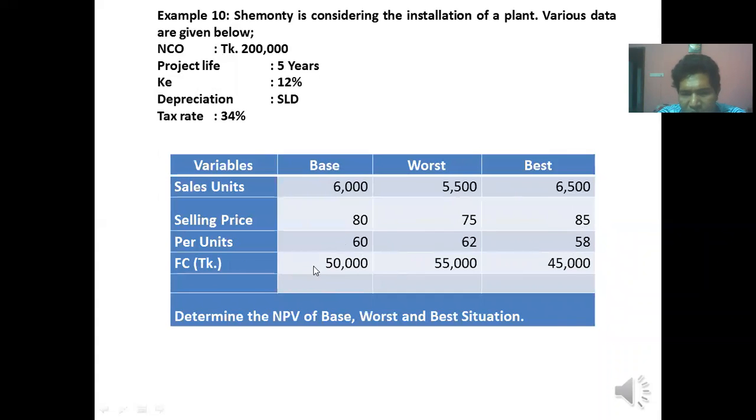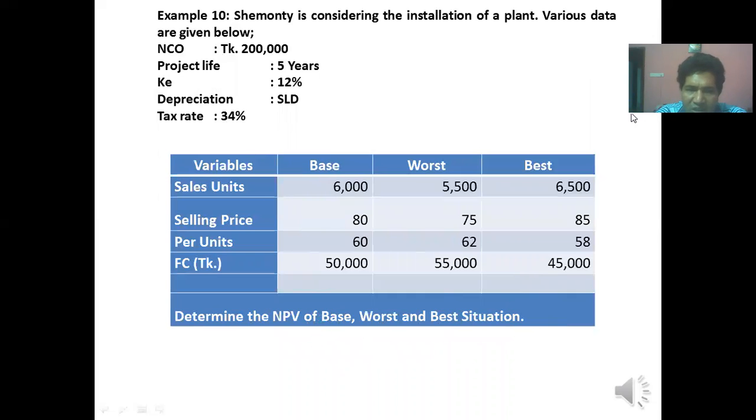Fixed cost for the base condition taka 50,000, worst condition taka 55,000, and in the best condition 45,000. Now we have to determine the NPV, net present value, for the base, worst, and best situation.